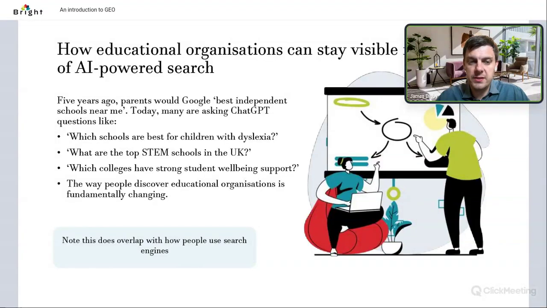So, for example, which schools are best for children with dyslexia? They're expecting that answer to come to them and to be summarized for them, rather than them having to go and search through a website to find that information.